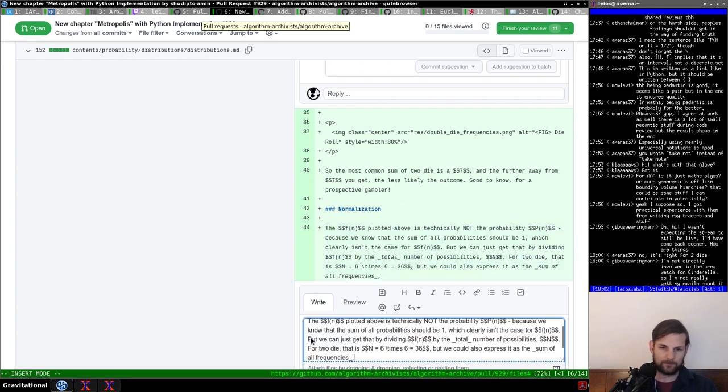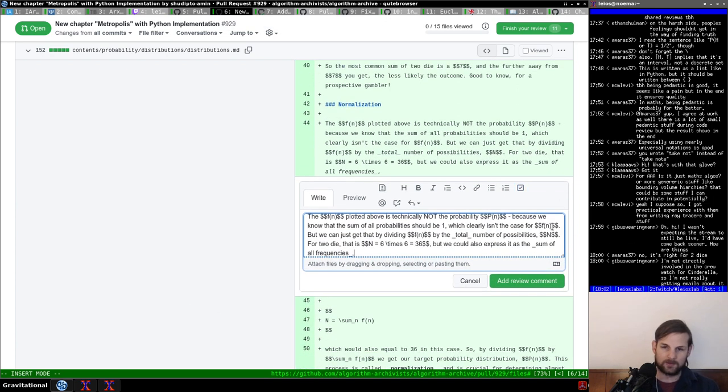Okay, here we are. So f of n is technically not the probability P of n, because we know the sum of all probabilities should be 1, which clearly isn't the case for f of n. But we can get the probability by dividing f of n by the total number of possibilities, n.